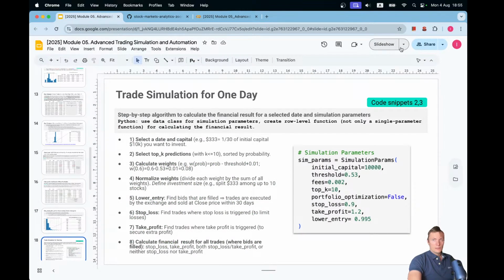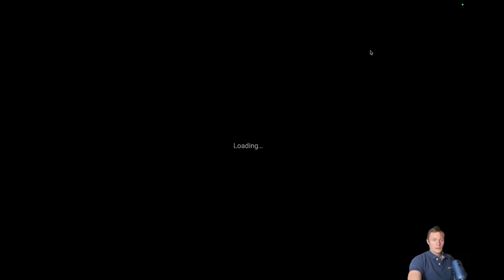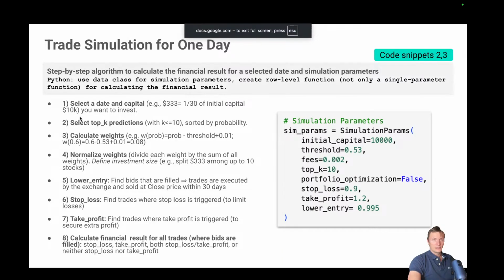So that's what we had, and the algorithm is like this. Every day we know what capital is available today for trade. Initially it's 1/30 of the initial capital, so for the first 30 days it's 333 every day.